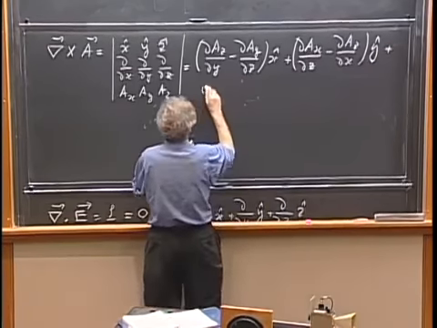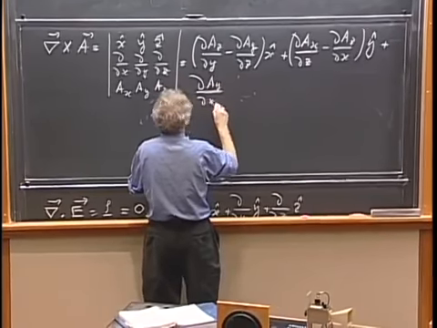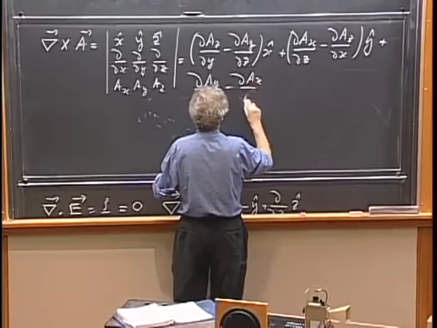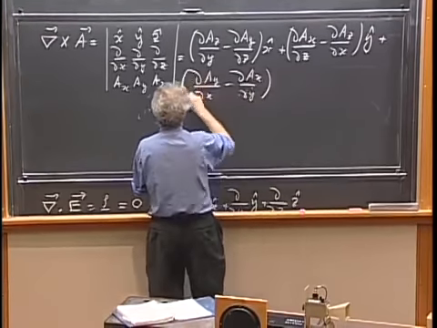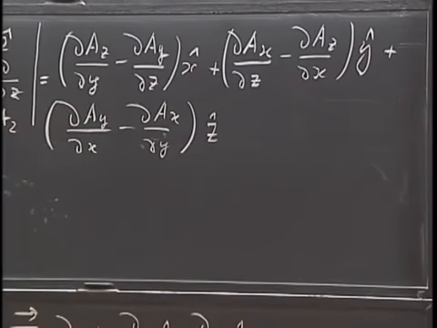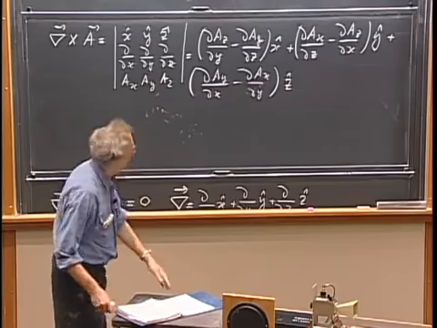And then you would get dAy dx minus dAx dy, and that is in the z direction. And let me check that because it's so easy to make a little slip, and that is very awkward for me and for you also later. That is fine.